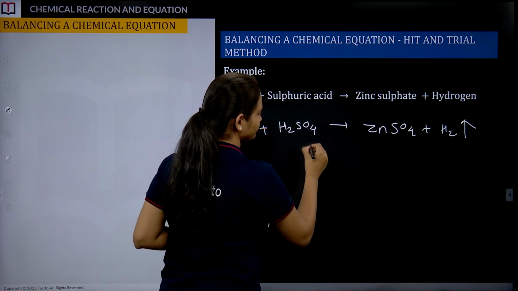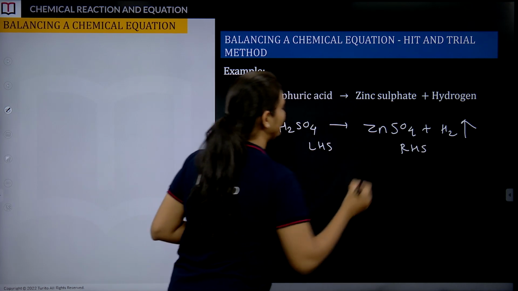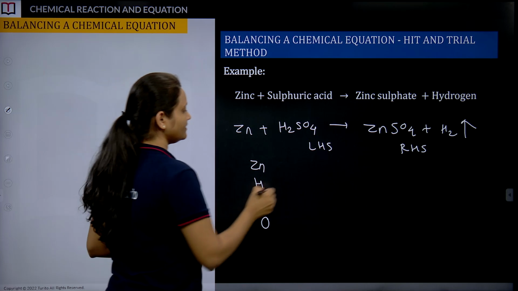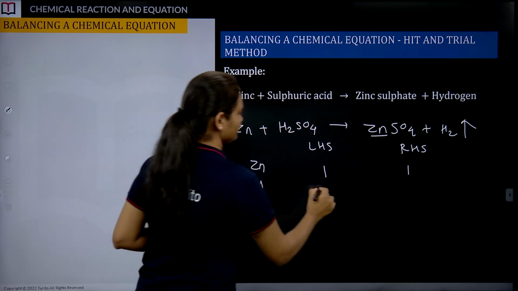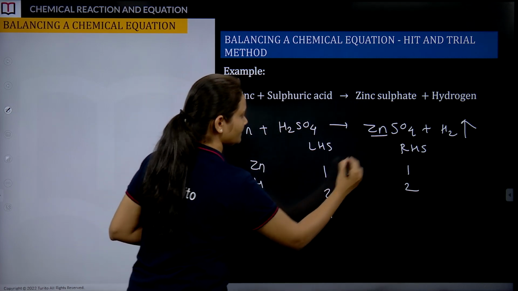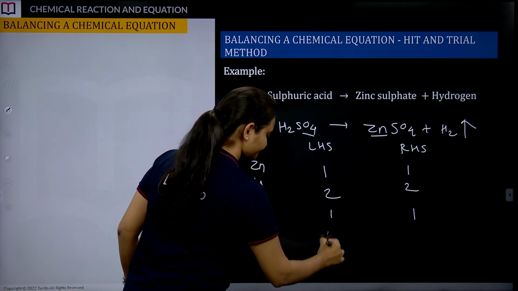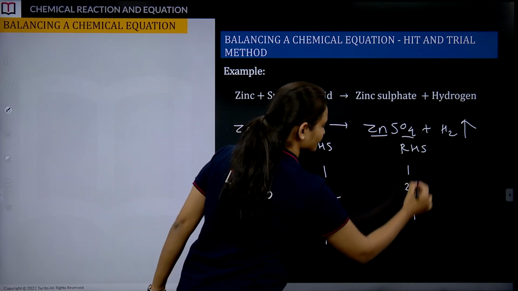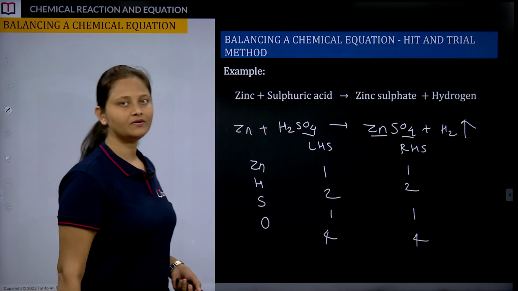Quickly count the total number of atoms in this chemical reaction. Zinc 1, here it is 1. Hydrogen 2, there also 2. Sulfur 1, there also 1. Oxygen 4, there also 4. So this is an already balanced chemical reaction.